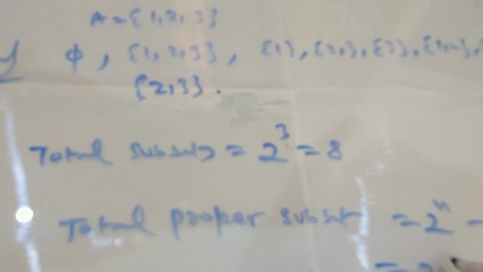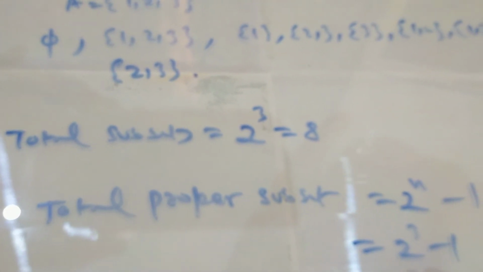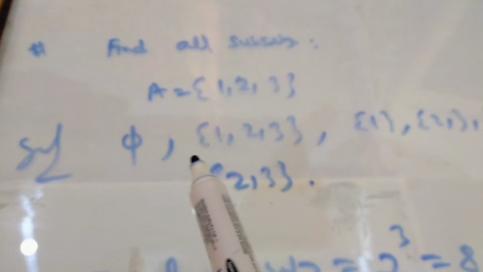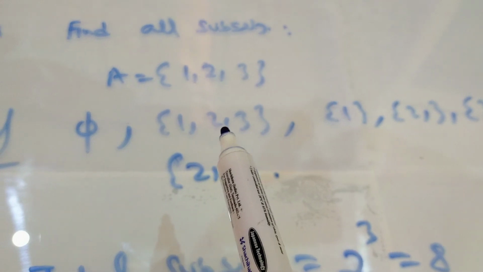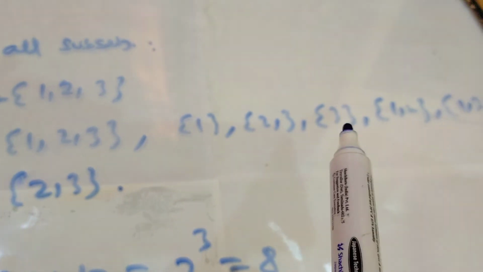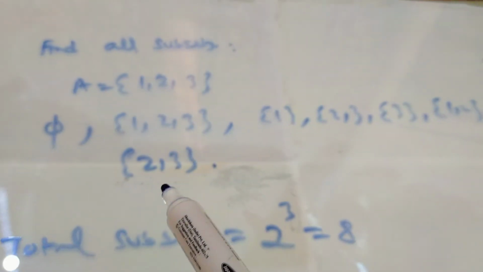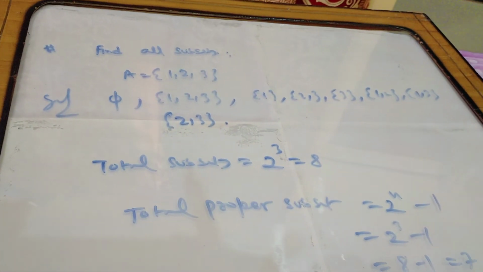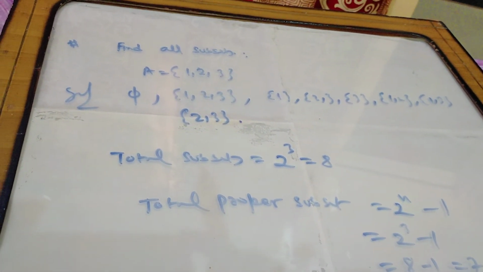So here 2 raised to the power 3 minus 1, it is 8 minus 1, it is 7. So 7 proper subsets are there. Count them: 1, 2, 3, 4, 5, 6, 7. So total proper subsets are 7 here. So through this example you can learn a lot.